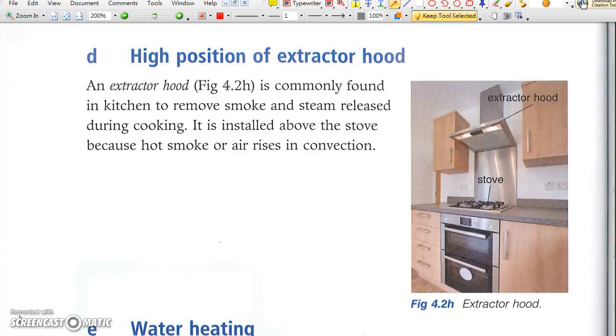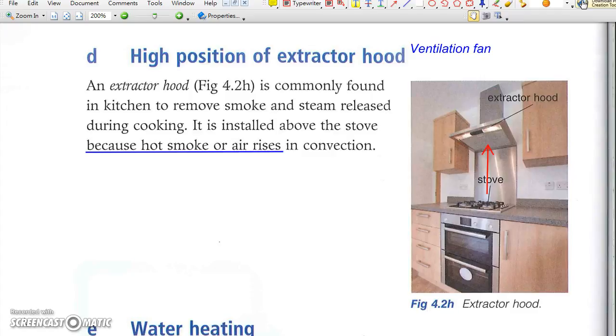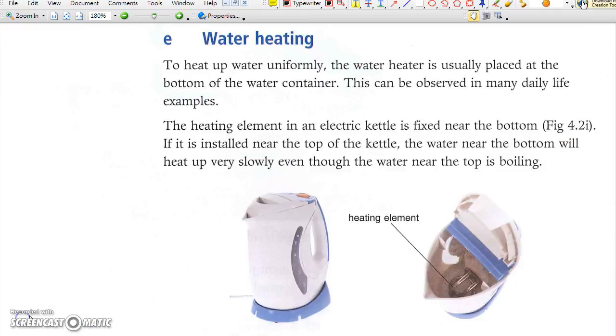D. The high position of the extractor hood. An extractor hood or ventilation fan is often high in position as hot smoke and steam rise during cooking. E. Water heating.